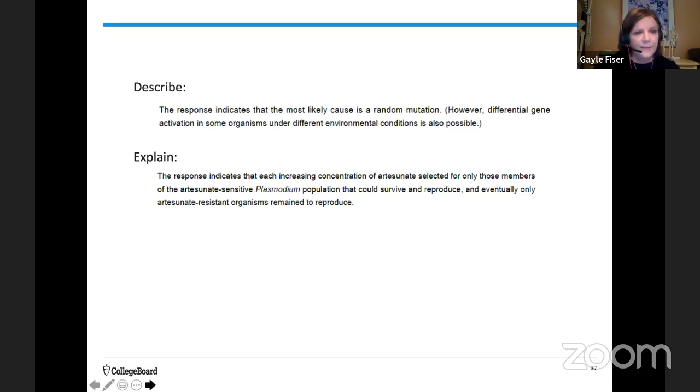Then they explain that each increasing concentration of artesunate selected for only those members of the artesunate-sensitive Plasmodium population that could survive and reproduce, and eventually only the artesunate-resistant organisms remain to reproduce, just like in the Petri dishes that I showed you a few minutes ago.